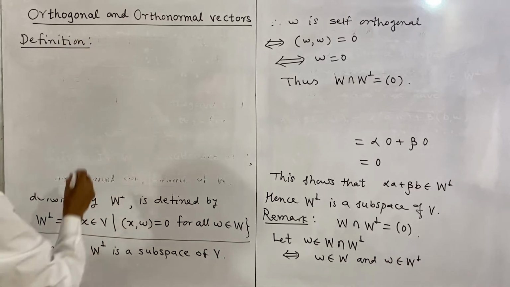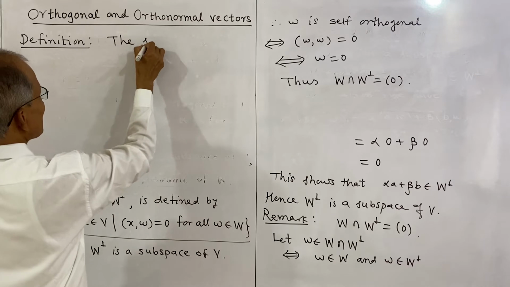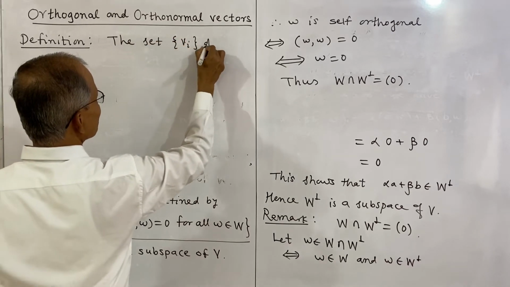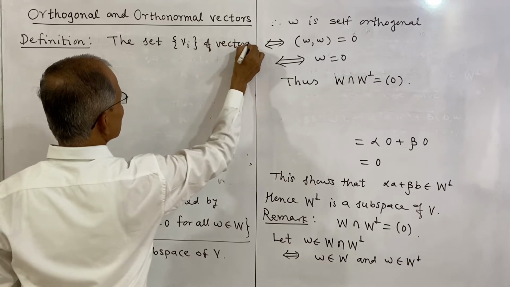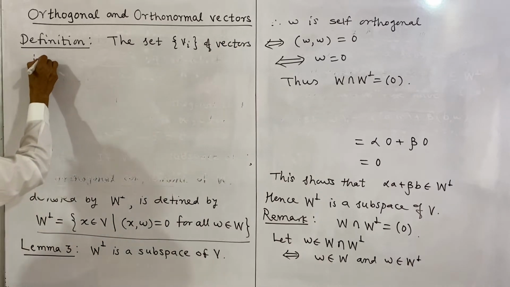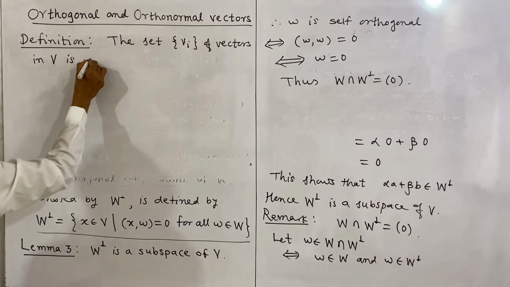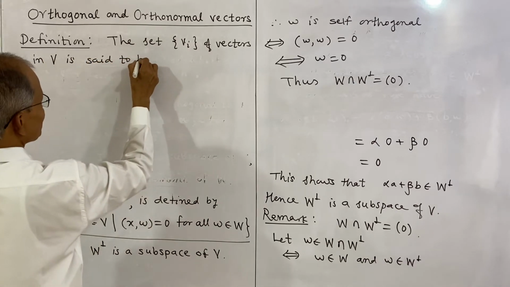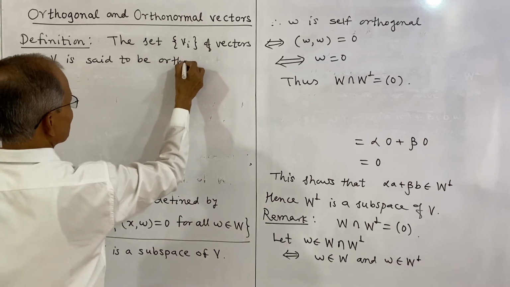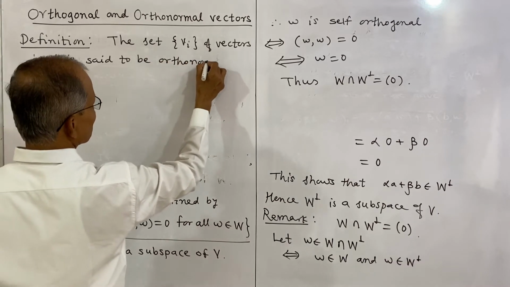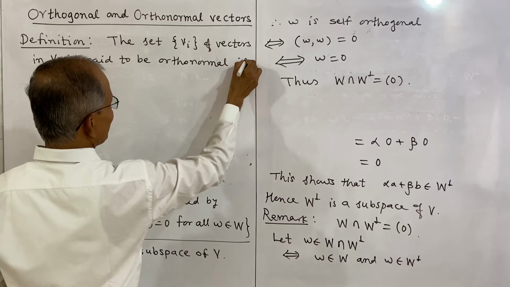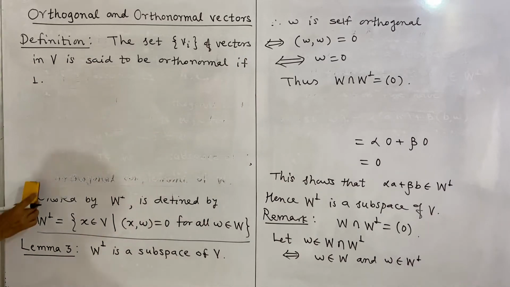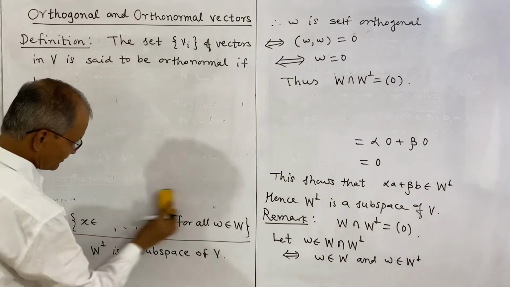The set Vi of vectors in V is said to be orthonormal if there are two conditions. First, each Vi is of length 1.